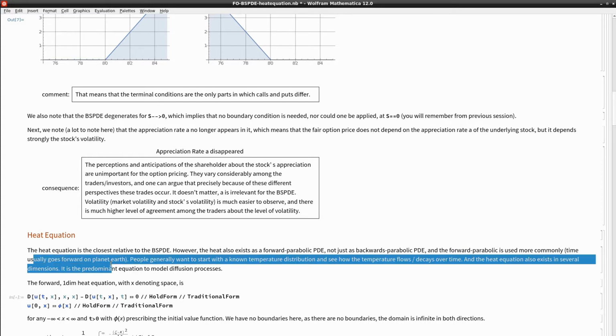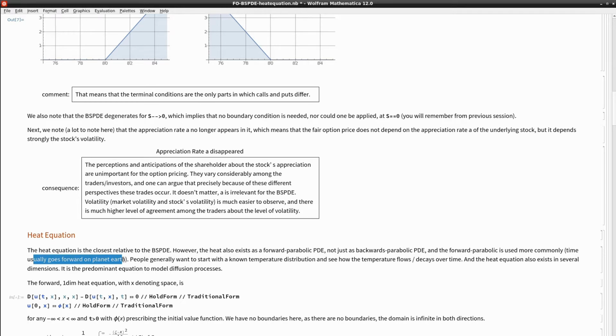Time usually goes forward on planet Earth, so it's easier to use the heat equation in the forward version. People generally start with a known temperature distribution, so now it's an initial value problem, not a terminal value problem. So we start with an initial known temperature distribution, and then we see how these things diffuse over time.